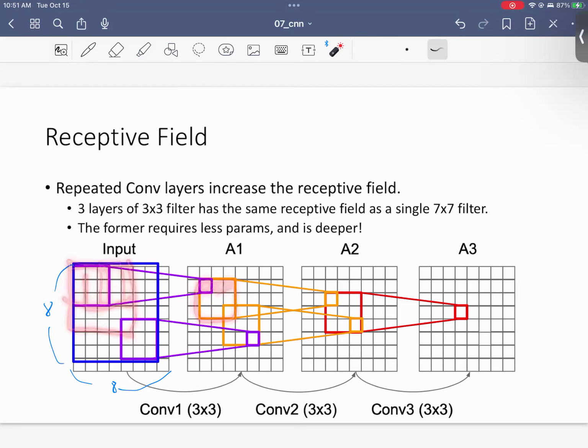So a single scalar value here is actually responsible for 5 by 5 here.